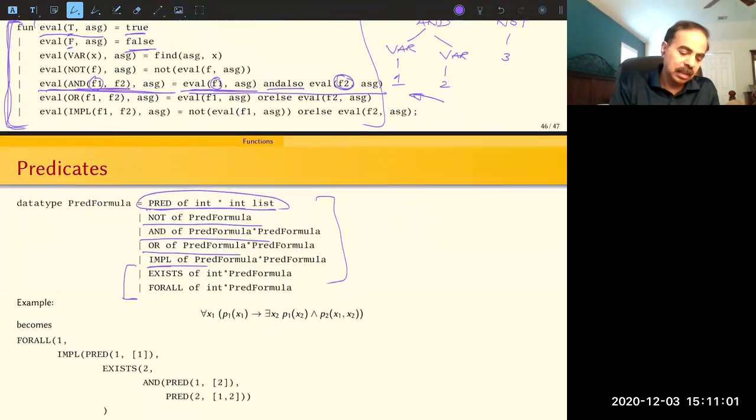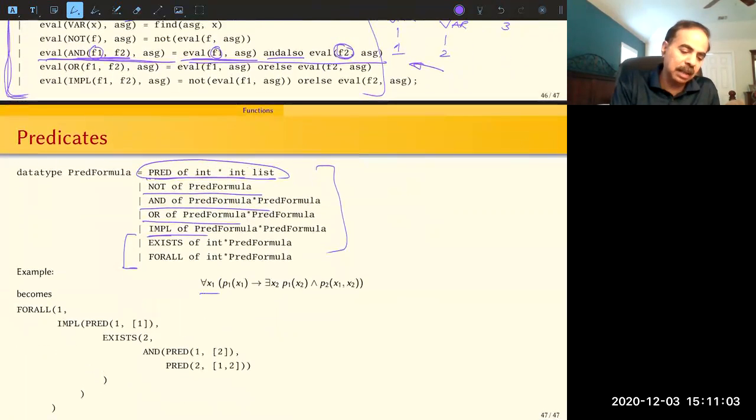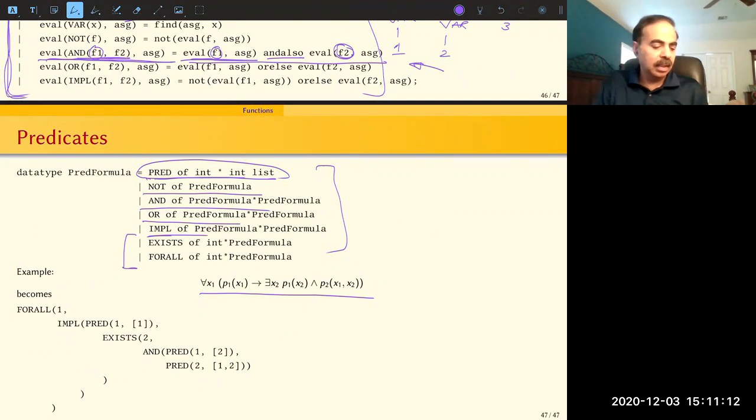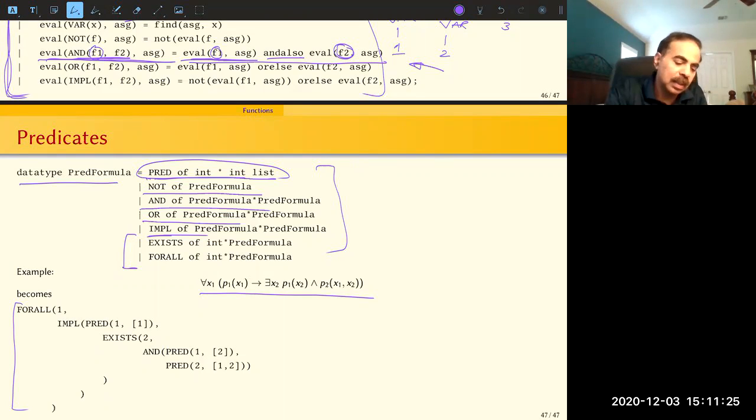So once again, to give you an example, if you take a predicate formula like this, then that can be expressed using a data type, using an expression like this. In this case, I already wrote it down in a nested fashion so that you could easily see how things here directly map to the operators here, right?